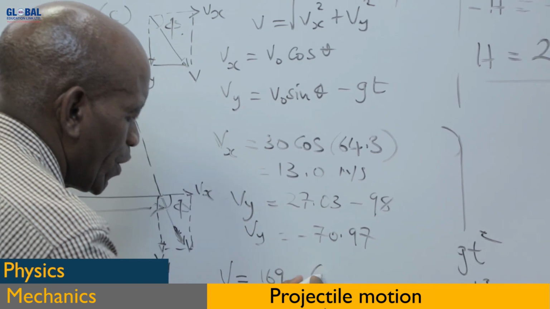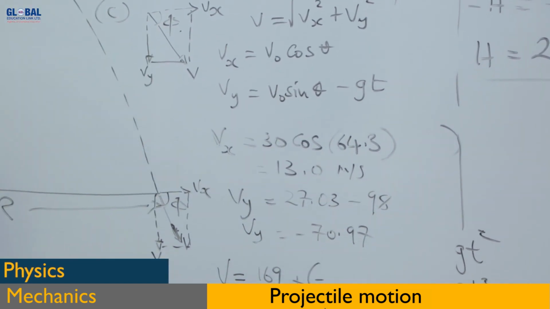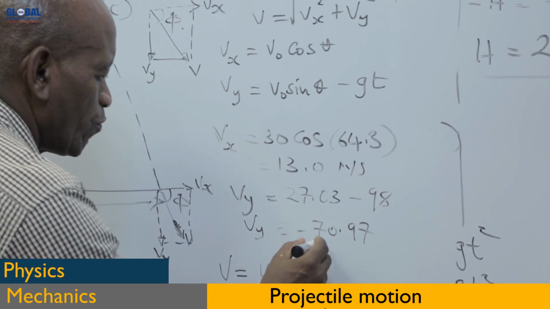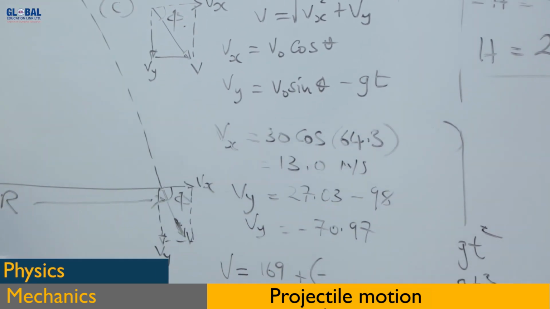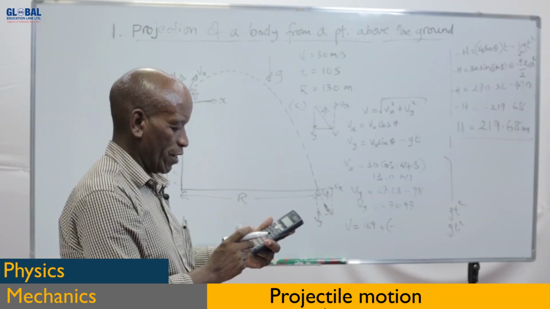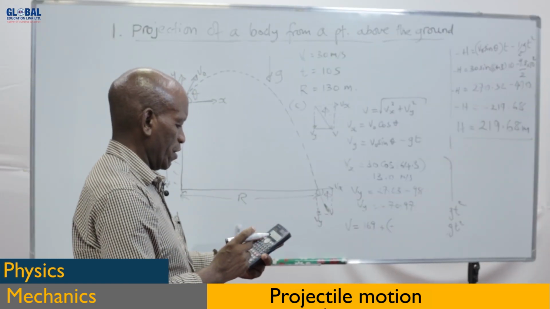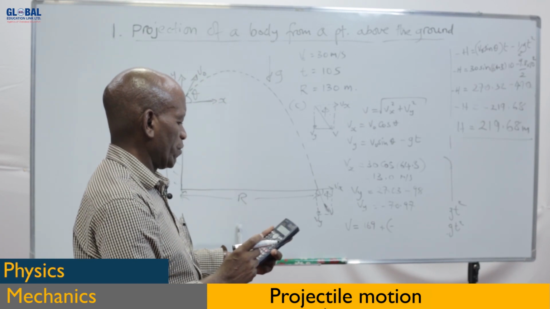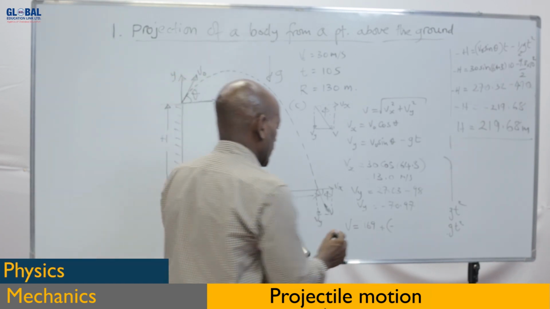So we add the square of 70.97. If we square that much, we get 5,036.7.